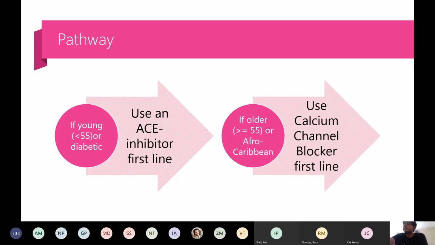Why do we use calcium channel blockers in Afro-Caribbean populations? I will not accept evidence-based as an answer, even though that is the real reason. Does anyone know theoretically why we do it?